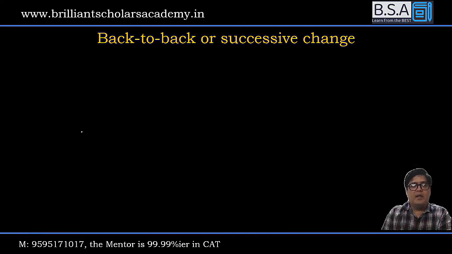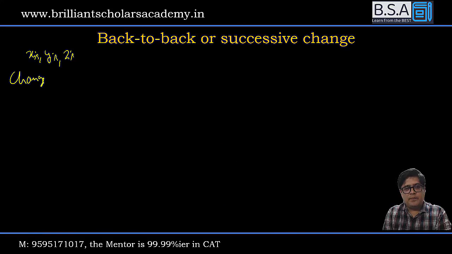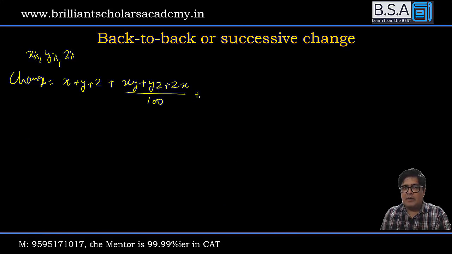See, if the changes are x percentage, y percentage, and z percentage, three changes, the overall change can be written as x plus y plus z plus (xy plus yz plus zx) upon 100 plus xyz upon 100 square. ये square थोड़ा ध्यान देना.